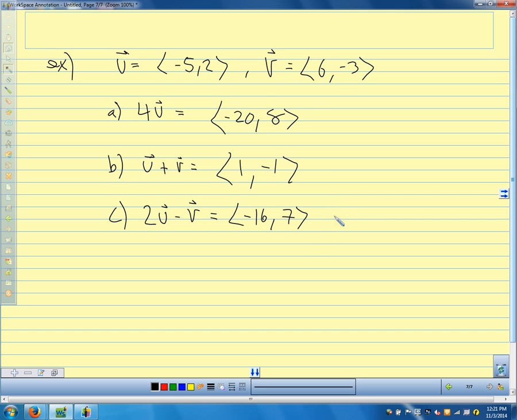So I could also write this as 2 times -5, just showing what we did, minus 6, and my y component would be 2 times 2, minus, it's telling me to subtract, -3. We can always write it out and then simplify later. So it's fine to write it out step by step.